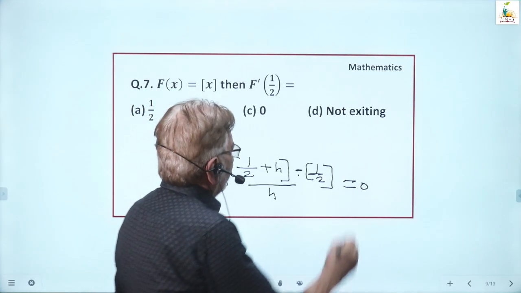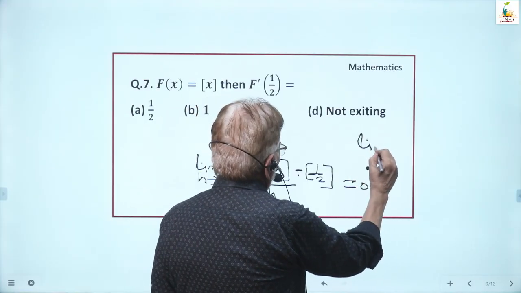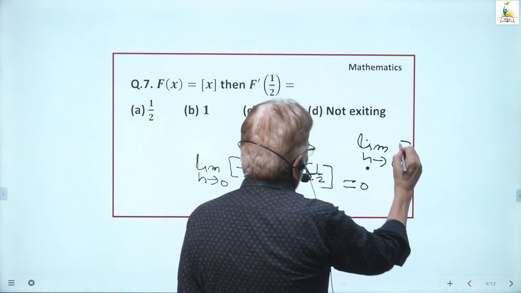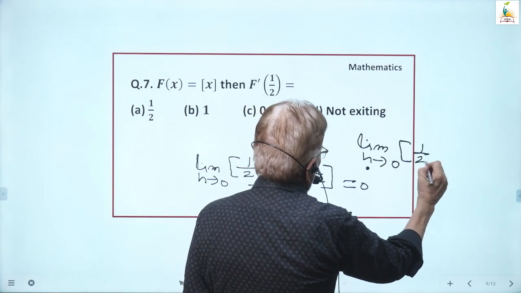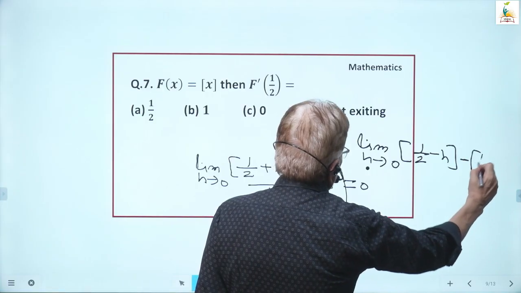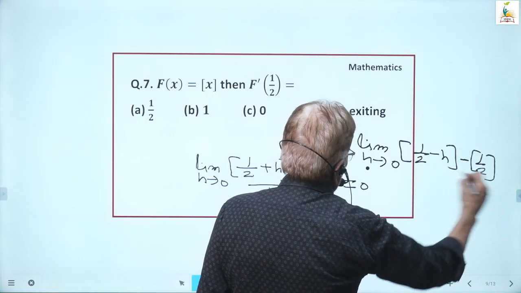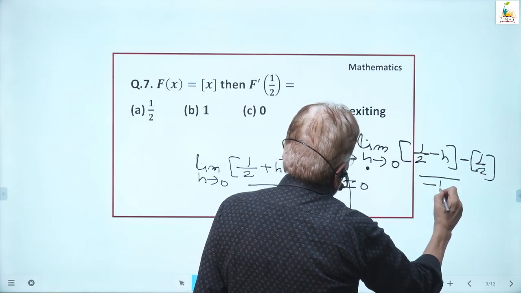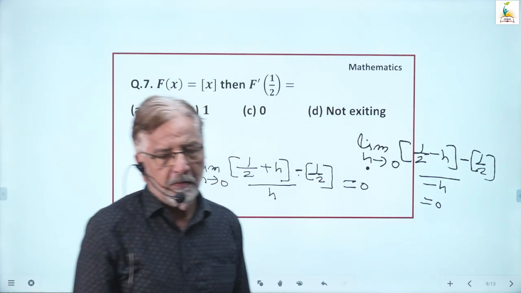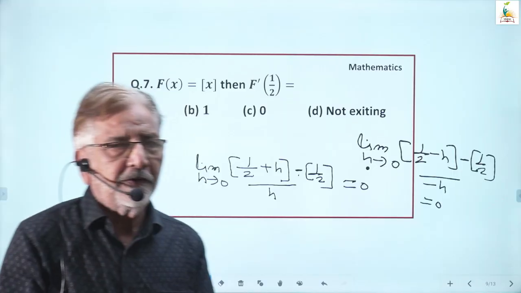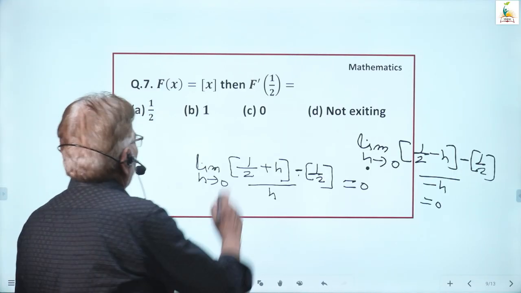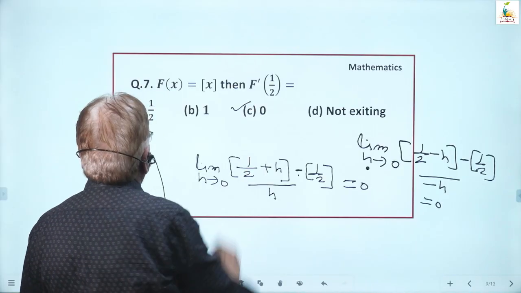Similarly, limit h tends to 0, greatest integer of half minus h, minus greatest integer half, upon minus h. This will be 0 upon something, 0. So left differentiation is equal to 0. Right differentiation is also 0. So the answer is 0. This is a good question.